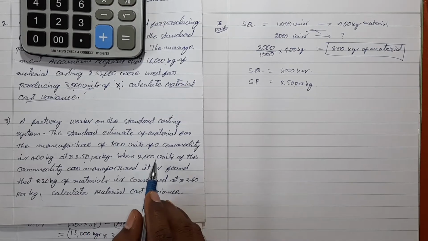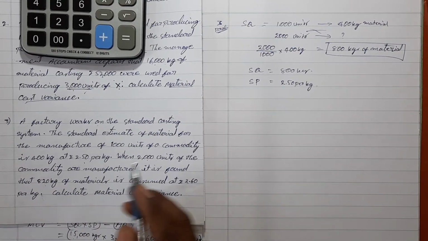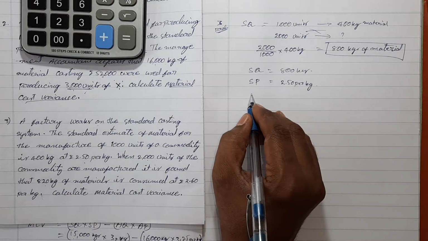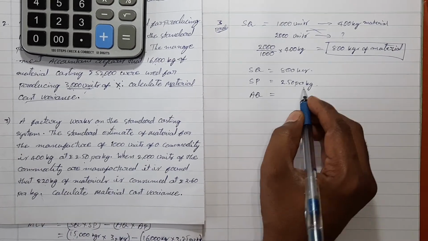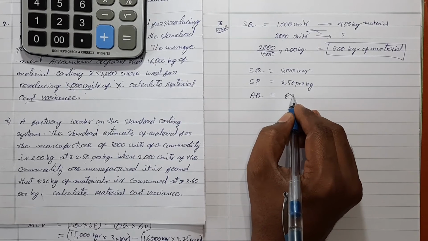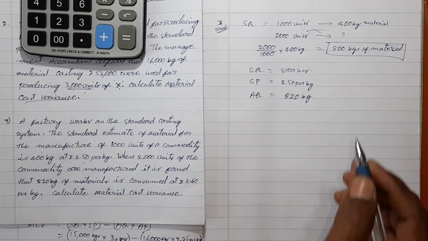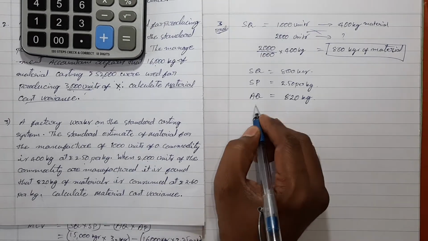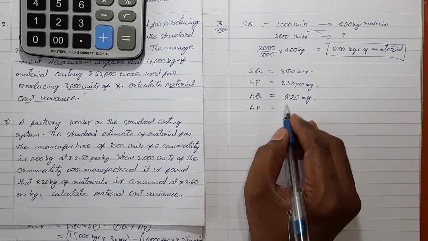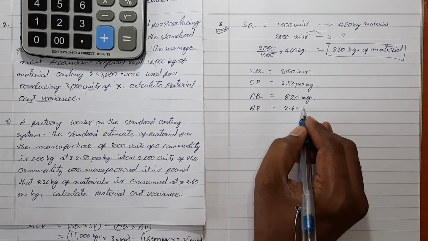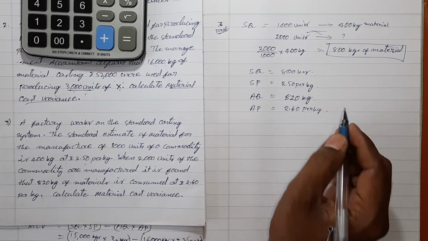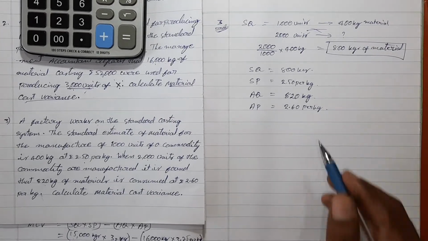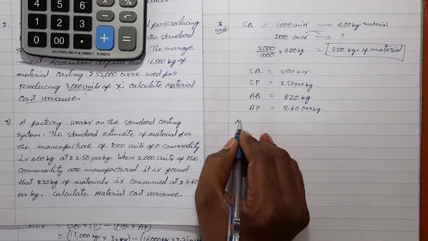That is, actual quantity equal to 820 kgs and actual price is 2.60 per kg. With the help of these values, we can compute material cost variance.